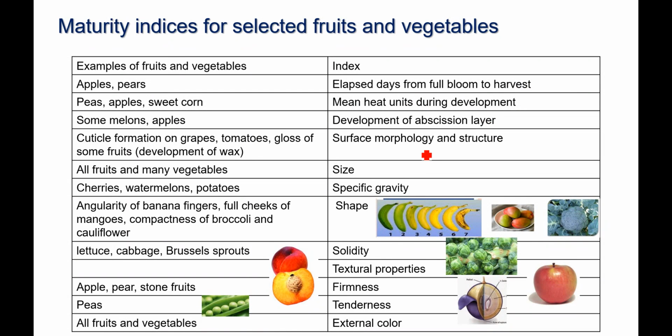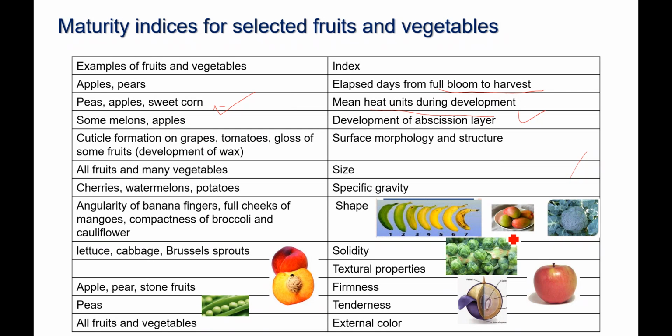For example, in case of apples and pears, there are elapsed days from full bloom to harvest. In case of peas and apples, mean heat units during development are different. I will be discussing them in detail.